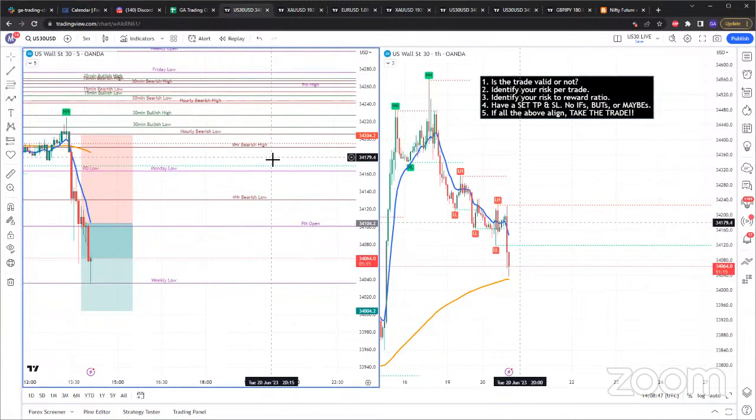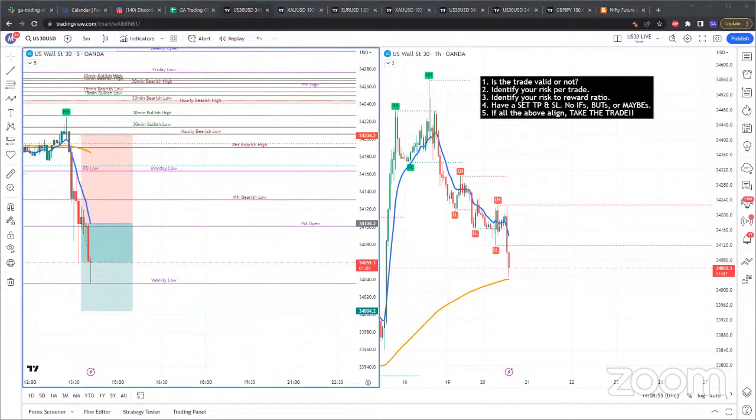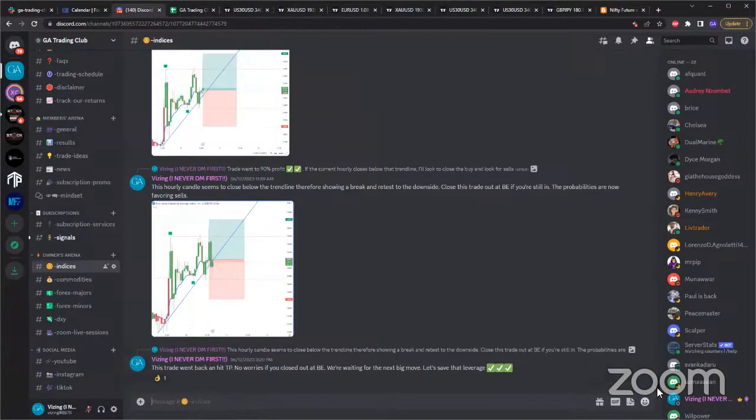Let's see if this trade is gonna hit. We didn't take a trade on Friday, right?